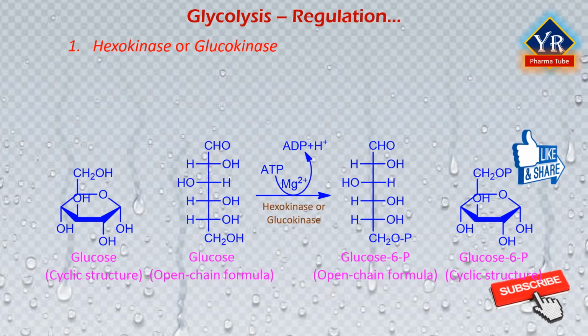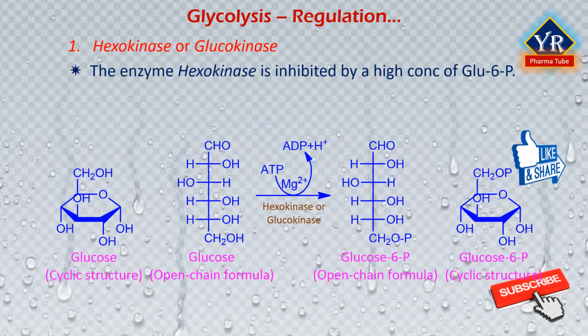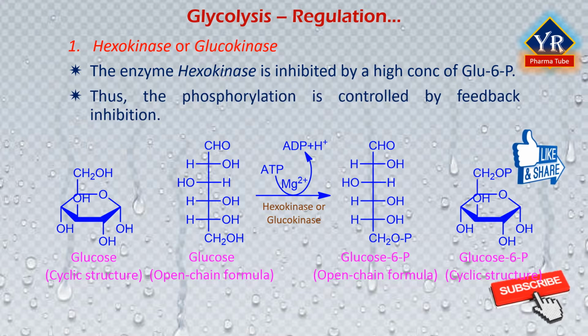Hexokinase is an allosteric enzyme that catalyzes the conversion of glucose to glucose 6-phosphate and thus initiates the glycolytic pathway. This enzyme is inhibited by a high concentration of glucose 6-phosphate, the product of the reaction it catalyzes.